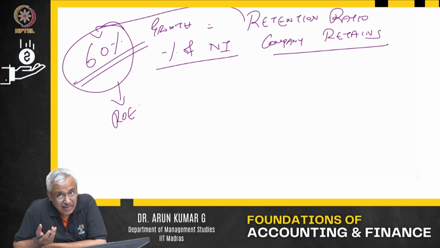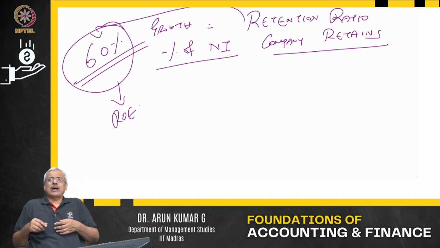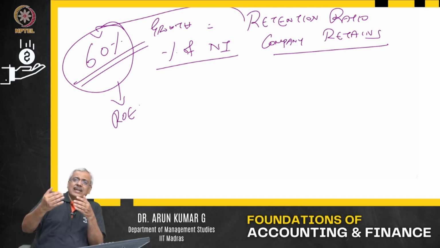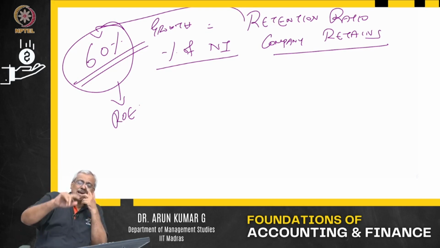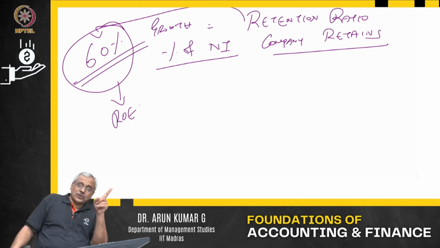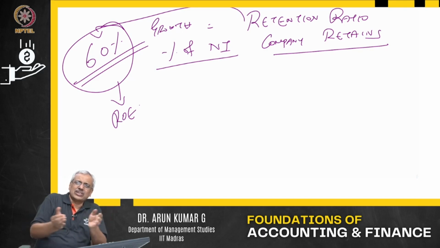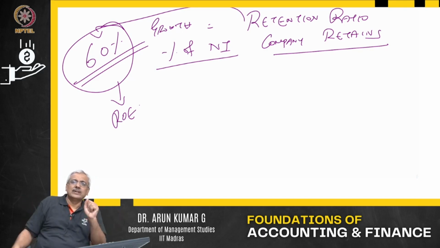Sometimes the additional retentions you make may not get the same kind of return as your original capital, and might get a slightly lower one, because for original capital you are manufacturing some product and selling, while this money you are using for some improvements. You may not get the same kind of return, possible.